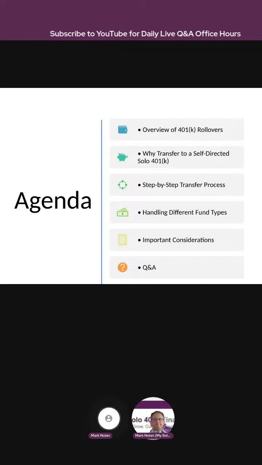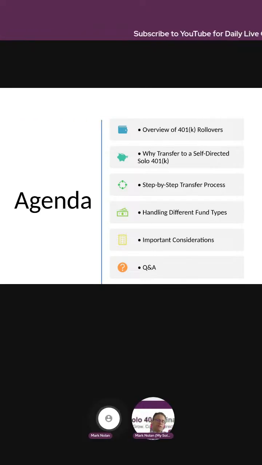Okay, so why transfer a former employer 401k to a self-directed solo 401k? Well, many employer retirement plans restrict investments to a limited menu of mutual funds or target date funds. By transferring your account to a self-directed solo 401k, you can gain broader investment flexibility.